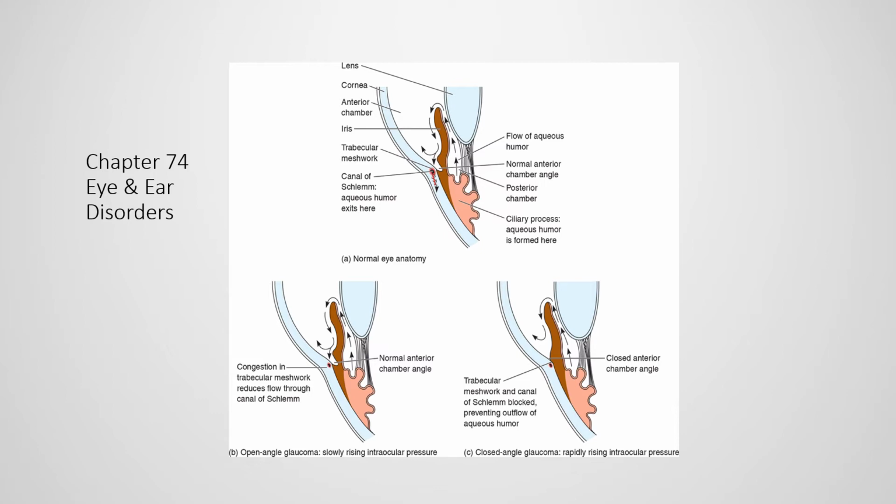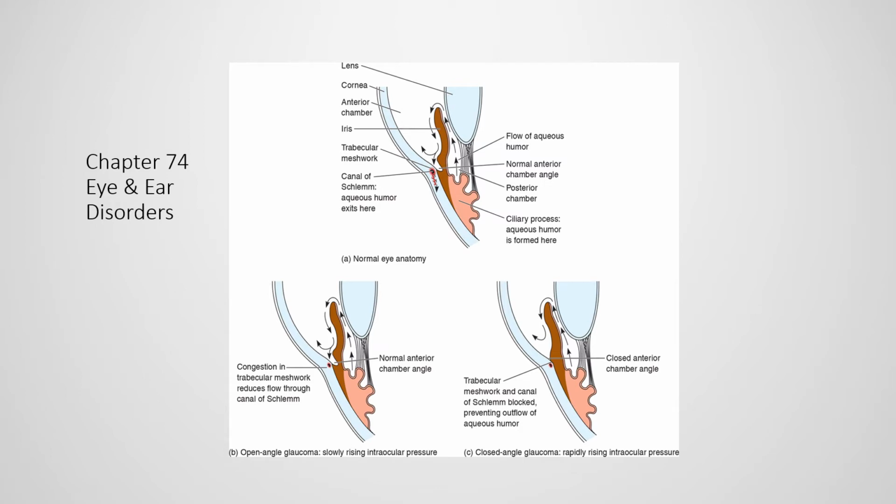So what does that mean? Open angle glaucoma is just telling you that the angle of where the cornea comes in to the corner there, where the trabecular meshwork is, is quite open. There's nothing being blocked from the iris.